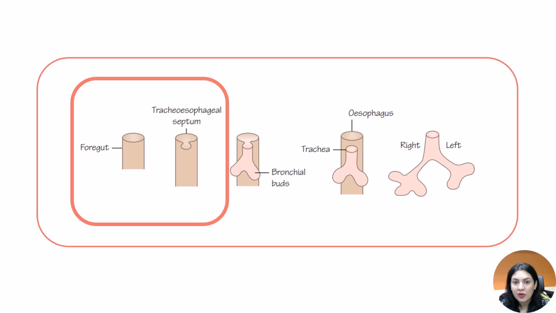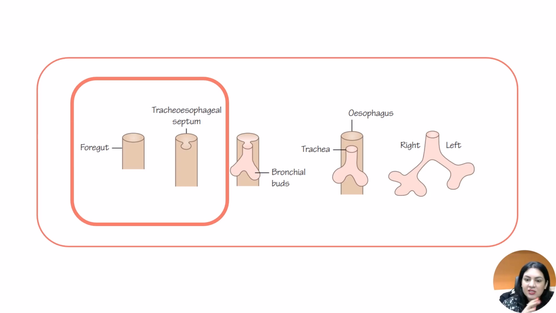Now, again, it's worth noting that the surrounding region that's enveloping this developing respiratory diverticulum is made up of mesoderm, right? And it's this surrounding mesodermal cells that play quite an important role in the development of important structures in this area, like the cartilage, or the smooth muscle, or the connective tissue within the respiratory tract.